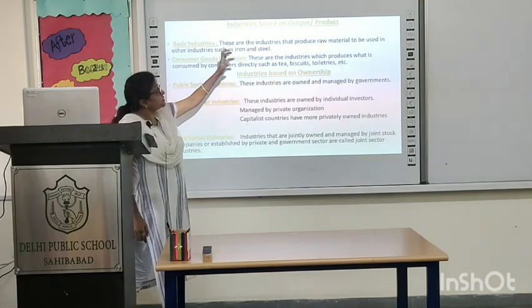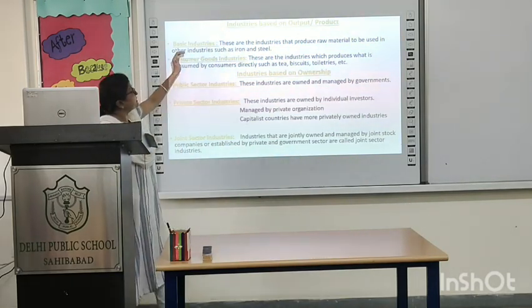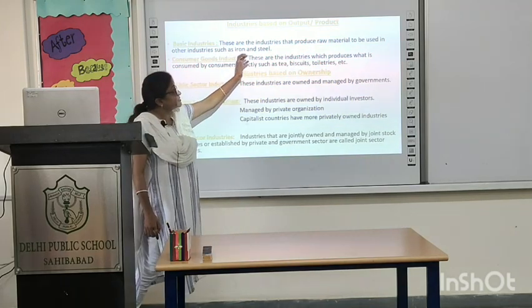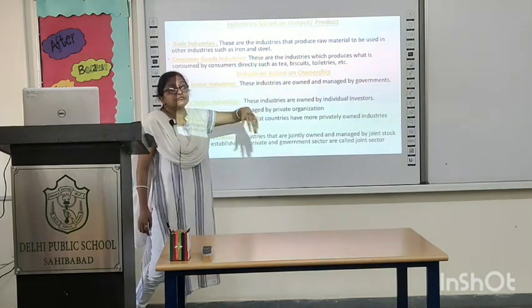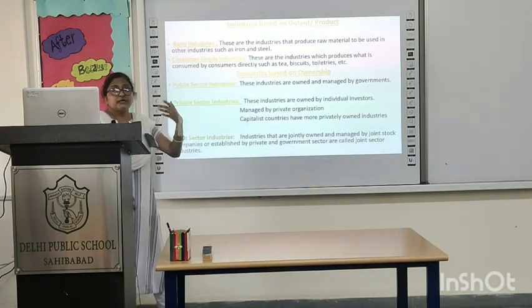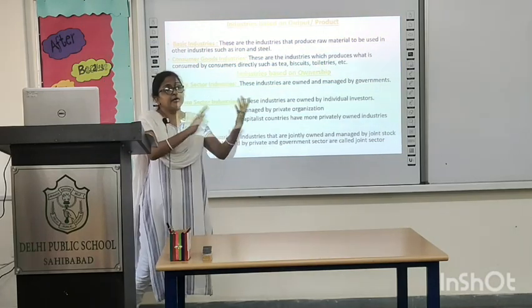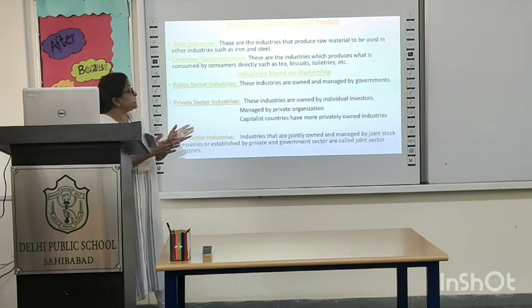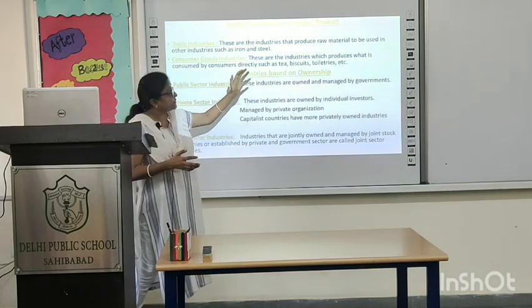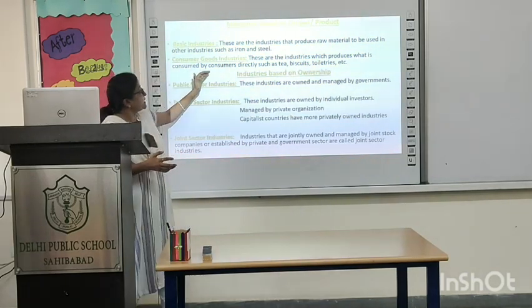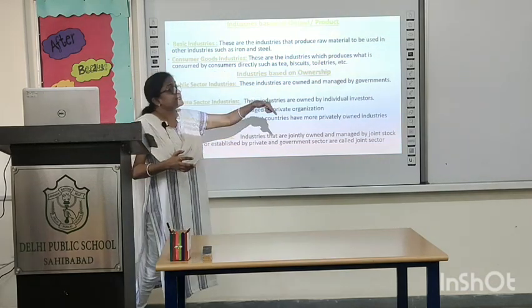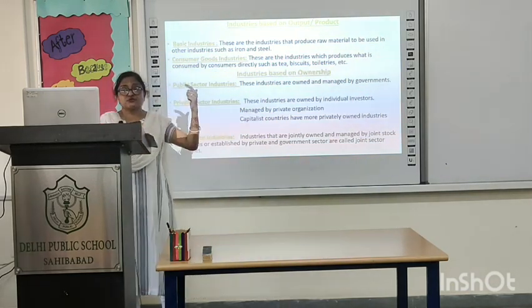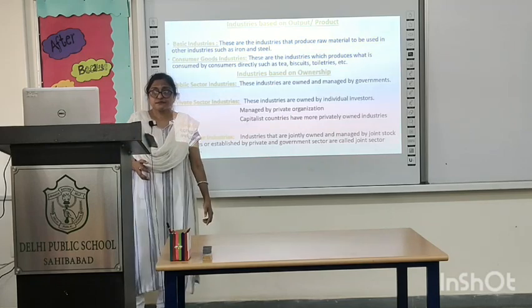Basic industries are the industries that produce raw material to be used in other industries, such as iron and steel. Consumer goods industries are industries which produce what is consumed by consumers directly, such as tea, biscuits, toiletries, etc.